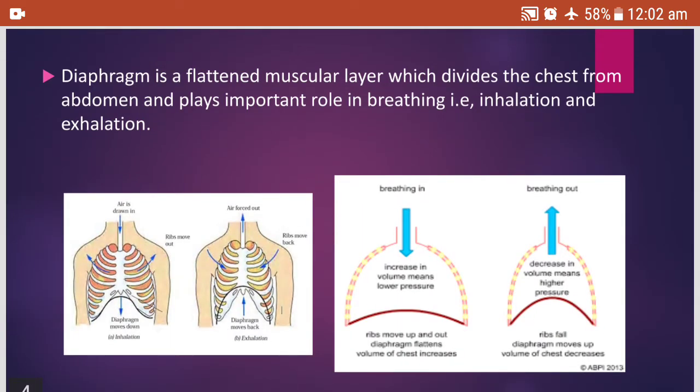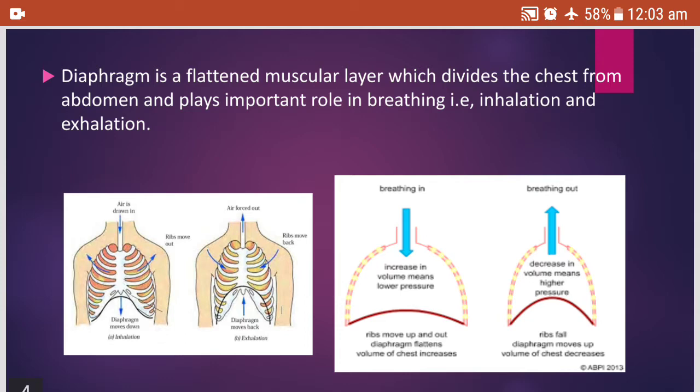We all know that the diaphragm is a flattened muscular layer which divides the chest from the abdomen and plays an important role in breathing. Breathing consists of inhalation and exhalation. Inhalation is taking in air and exhalation is breathing out air. As you can see here, we can learn about the function of the diaphragm.